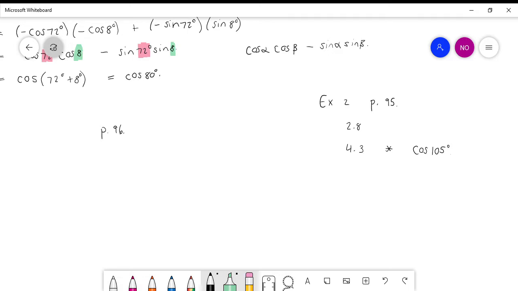Okay, now that seems impossible, right? Nothing is impossible. Because you can go and write this as 60 plus 45. Do you agree? And 60 and 45 are special angles, so you're supposed to know them. Do it without a calculator. Okay, so then you substitute those, expand, substitute the values for cos, sin.